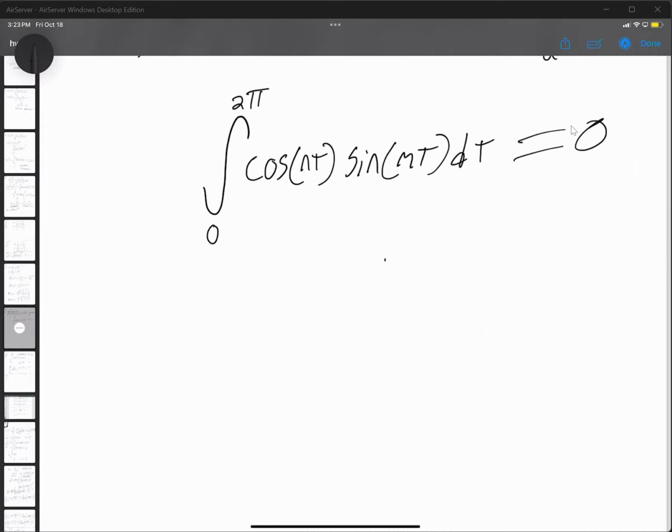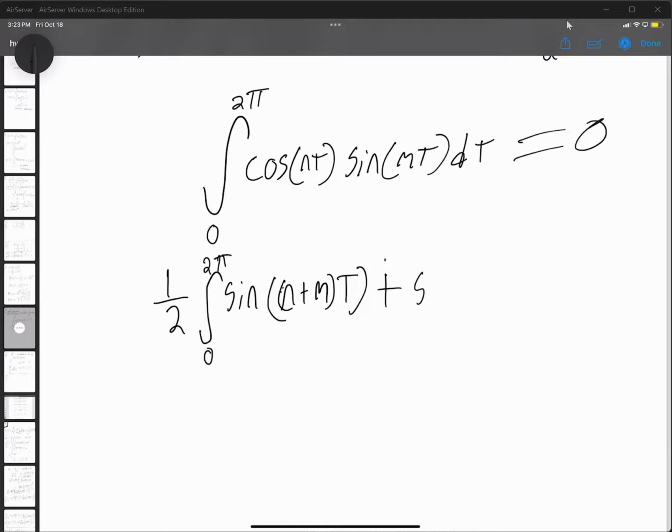I'm going to say 1/2, integral of sine of (n plus m) t, plus sine of (n minus m) t, dt.